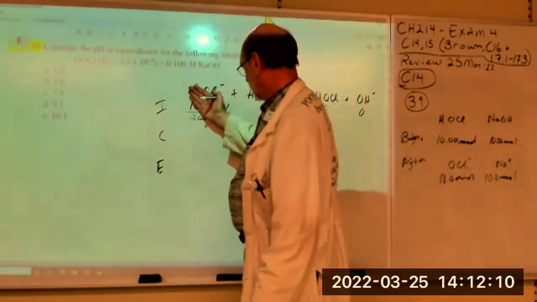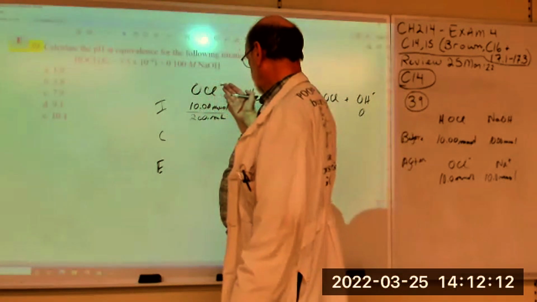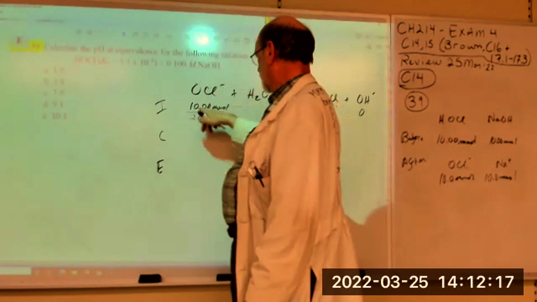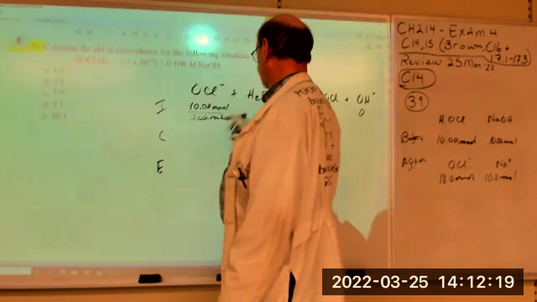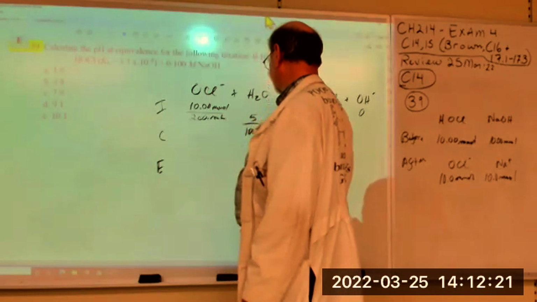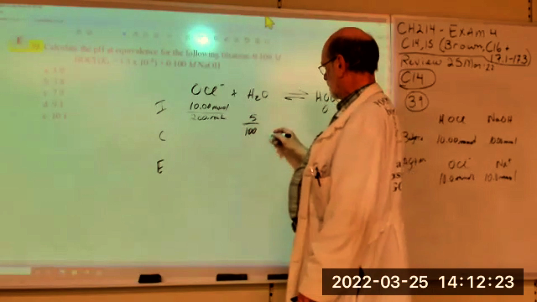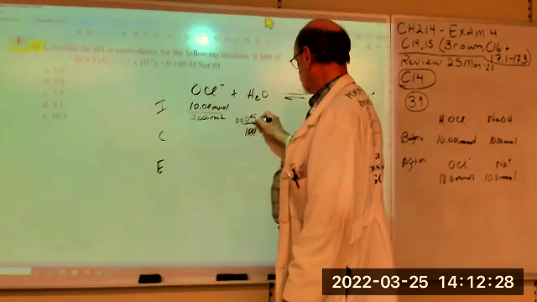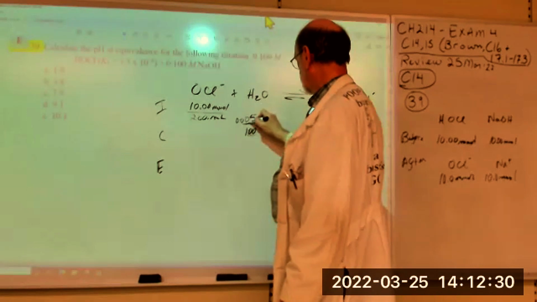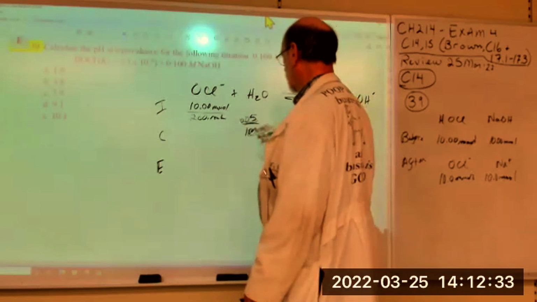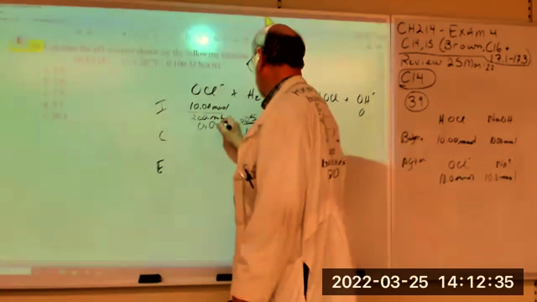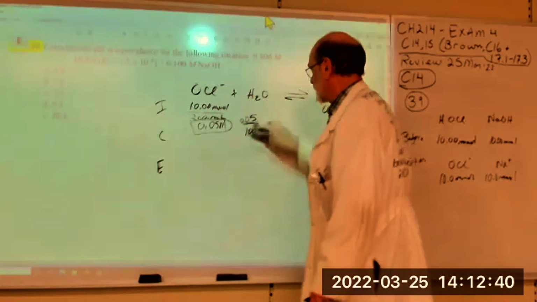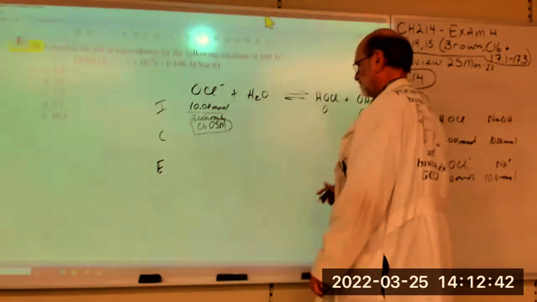That's moving 2 places, so it's 0.05 molar. There we go. That's our starting position for OCl minus.